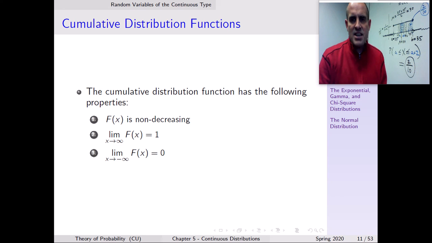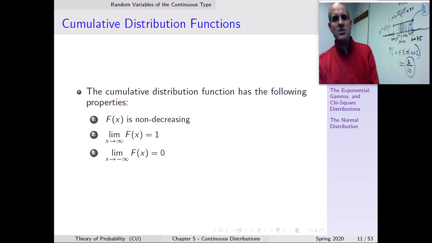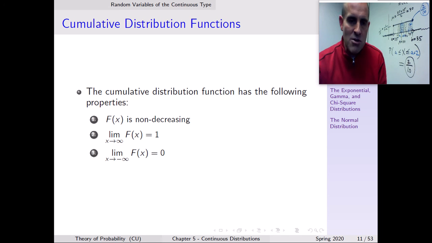As x increases, capital F of x increases because the probability gets bigger and bigger that X falls below that x value. As little x increases, the probability of falling below that x value is getting bigger and bigger.